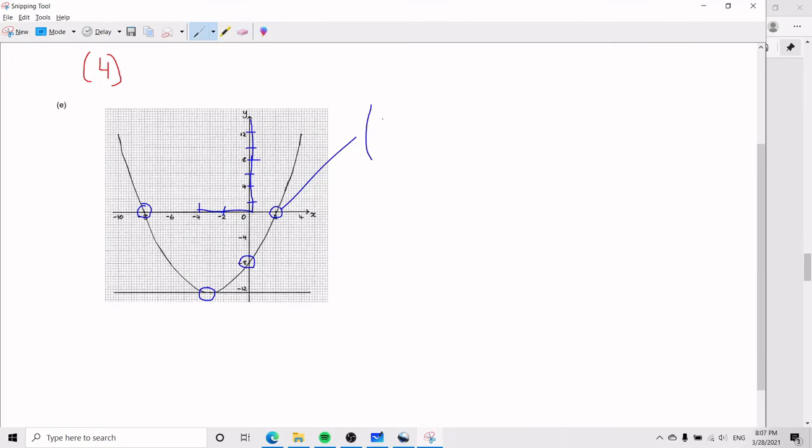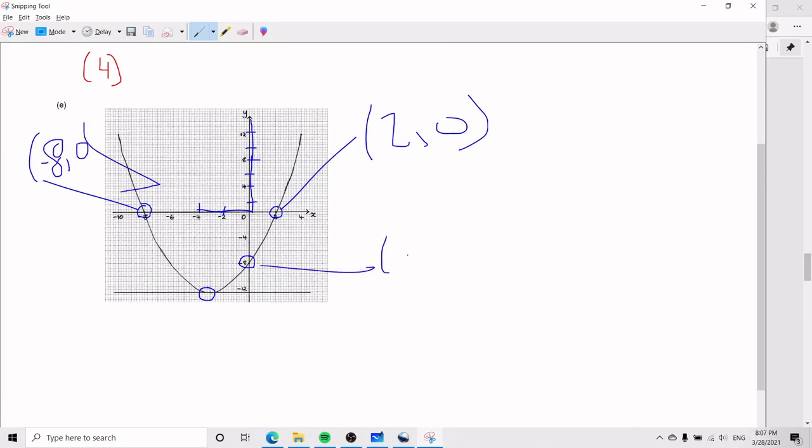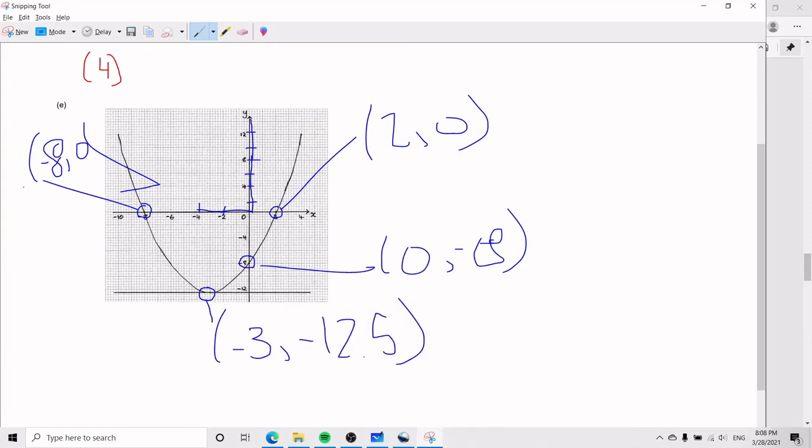Here we would put 2, 0. Here we would put -8, 0. Here we would put 0, -8. Here we can put the vertex, which we know is -3, -12.5. And that is how you would answer the graph part E.